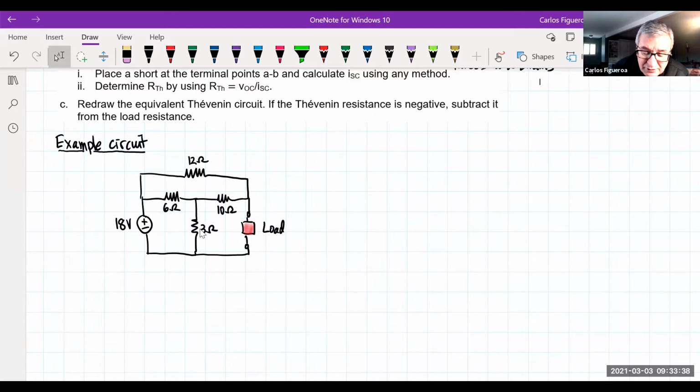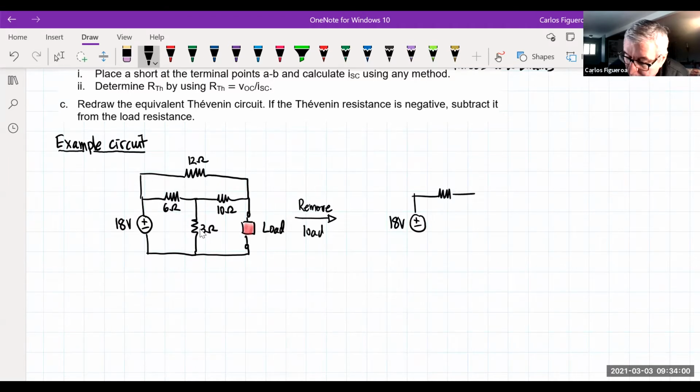So my example circuit here, I have an 18-volt source with a series of resistors with the load. So what am I going to do? I'm going to remove the load, right? And my whole goal is to take this subcircuit now and replace it with a Thevenin equivalent.